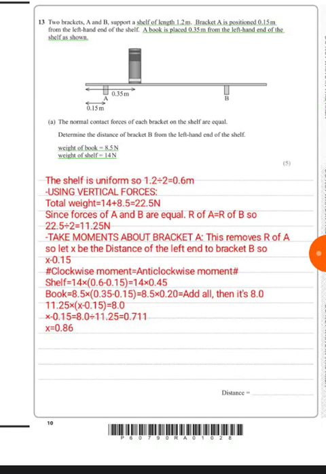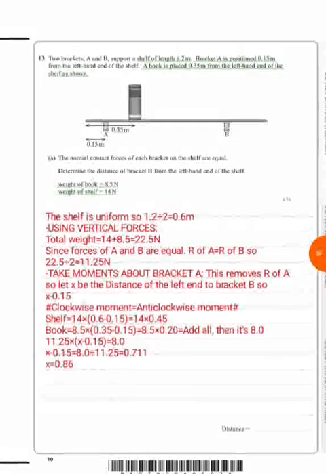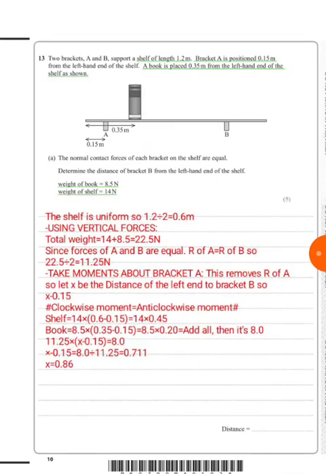Then since the clockwise moment is equal to the anticlockwise moment, the shelf gives 14 into 0.6 minus 0.15. The 0.6 is from dividing the uniform shelf at the center of weight of the shelf, so we subtract 0.15 to find the moment of the shelf.